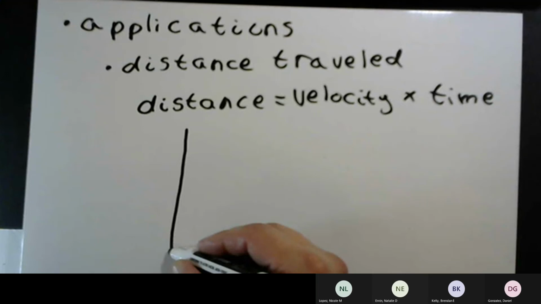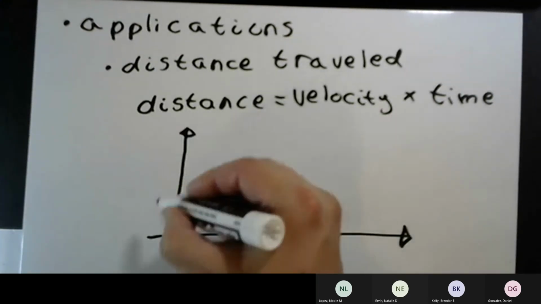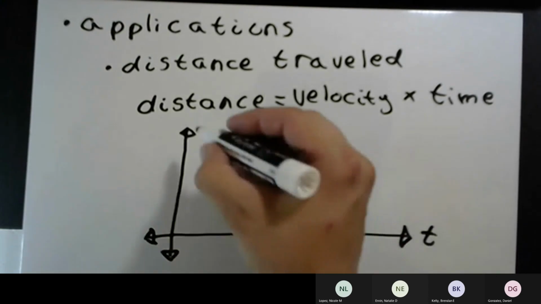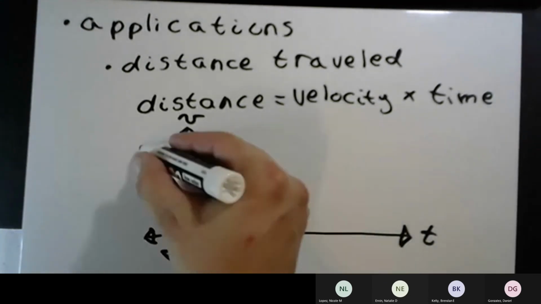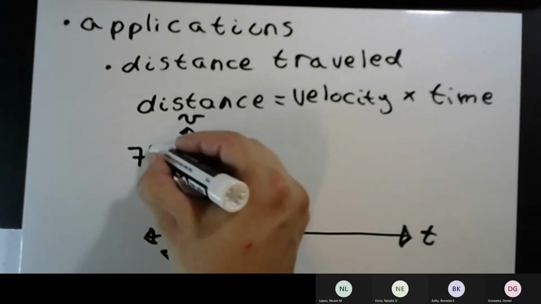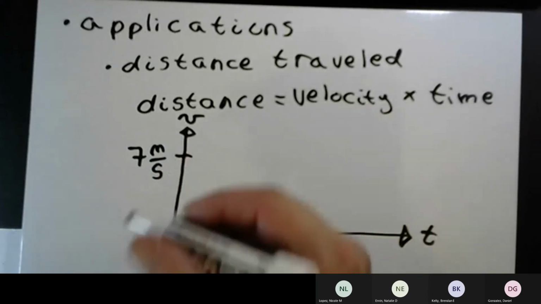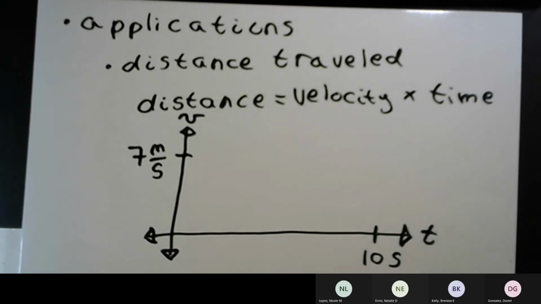So for example, let's say this is time, and that's velocity. So let's say your velocity is 7 meters per second. Again, this is a physics thing. We always do things in meters. And we're going to travel at this speed for 10 seconds.